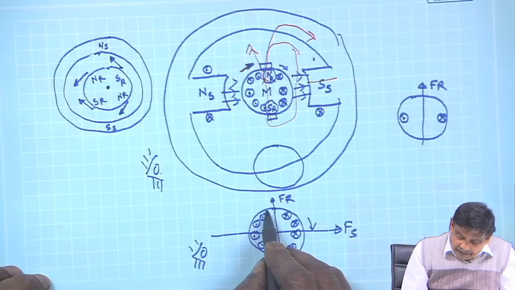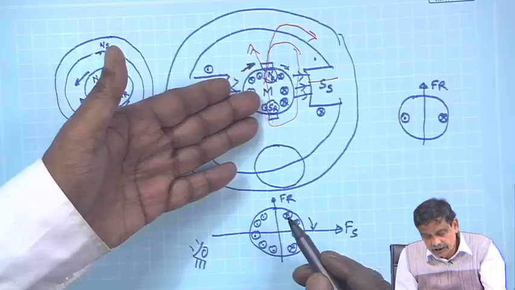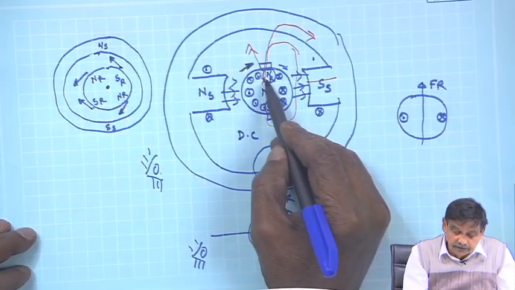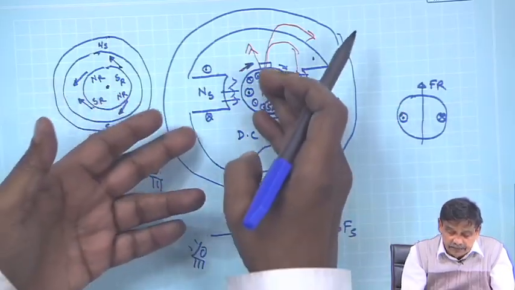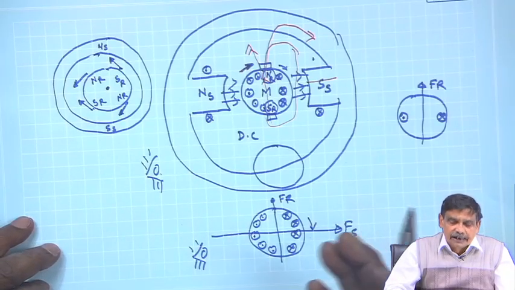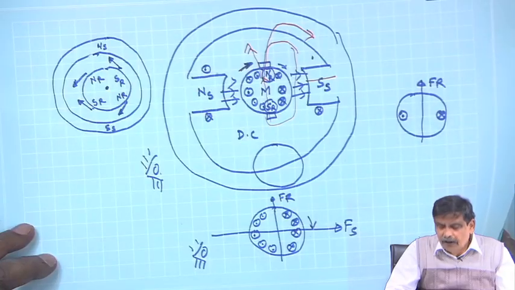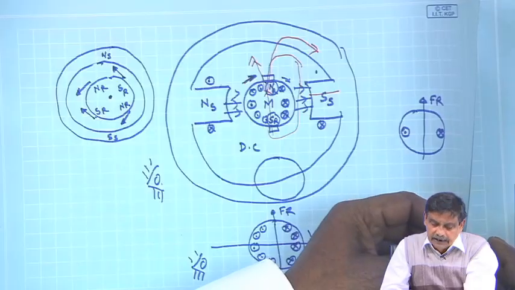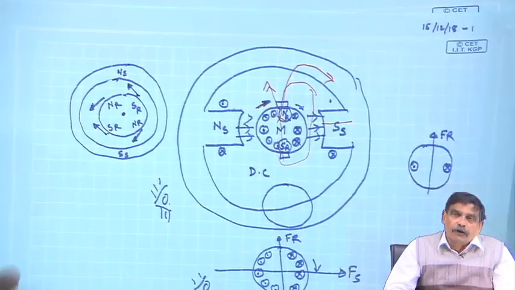One is that instead of applying the left hand rule, if you know the direction of rotor currents in a DC machine like this, you can figure out where are the rotor N and S and the stator N and S, and based on this you can decide in which direction it will start moving. That is how we will always think: two sets of magnets are interacting and giving you torque.